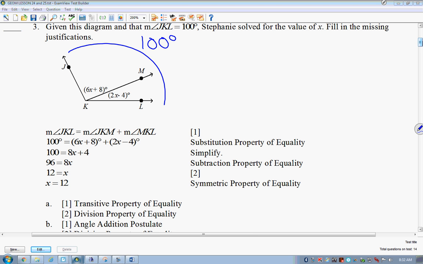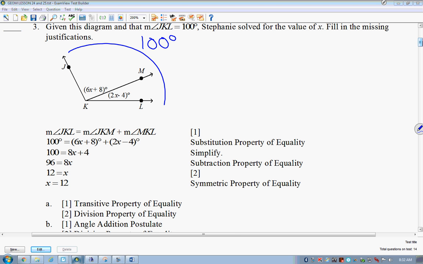Okay, so they start off with measure angle JKL. Okay, JKL equals measure angle JKM plus measure angle MKL. Okay, do we have a justification for that? What do we call that? And what I don't like about this is that you can't jump to given here.